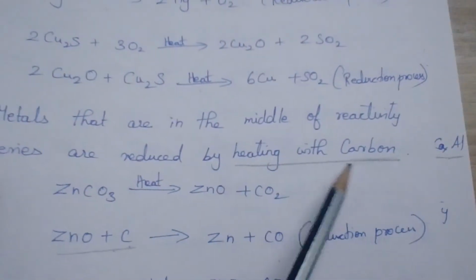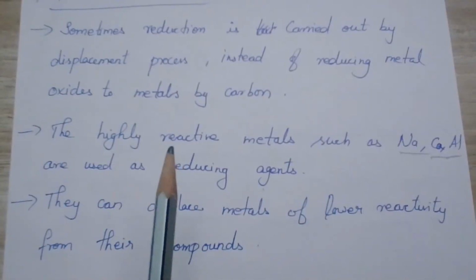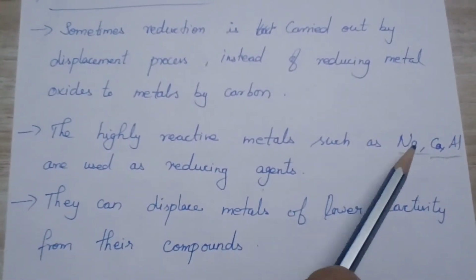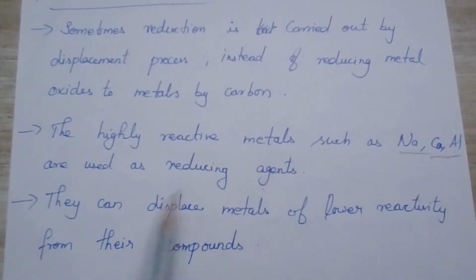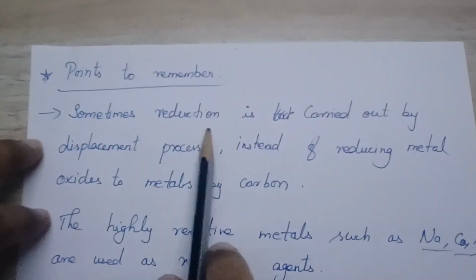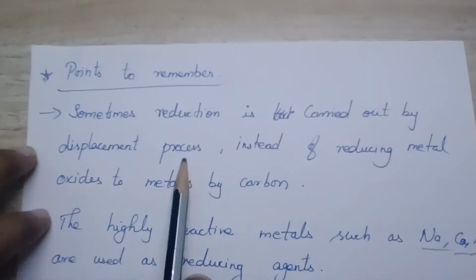Here we are using carbon as a reducing agent, right? In some places, we'll go for sodium, calcium, and aluminum as a reducing agent. Sometimes reduction is carried out by a displacement process.